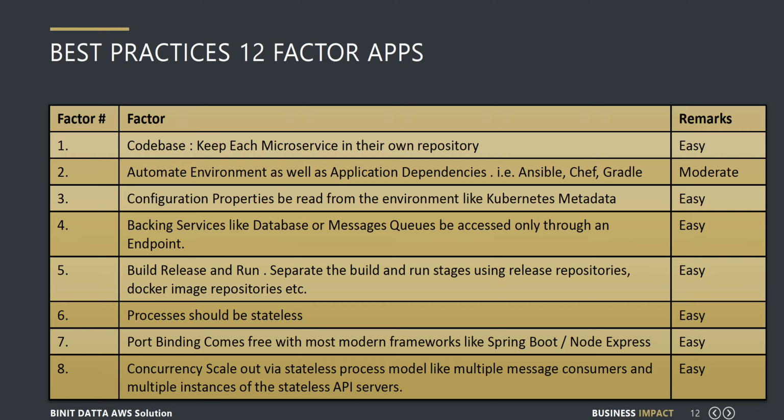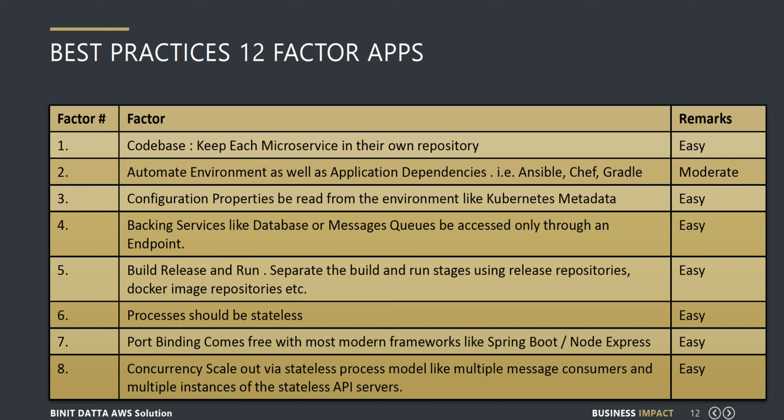So one of the primary driving factors of the microservice architecture is being loosely coupled, and hard coding configuration properties within our application makes us tightly coupled, makes us go through unnecessary deployment, which is complex. So that is the third criteria, which is easy.